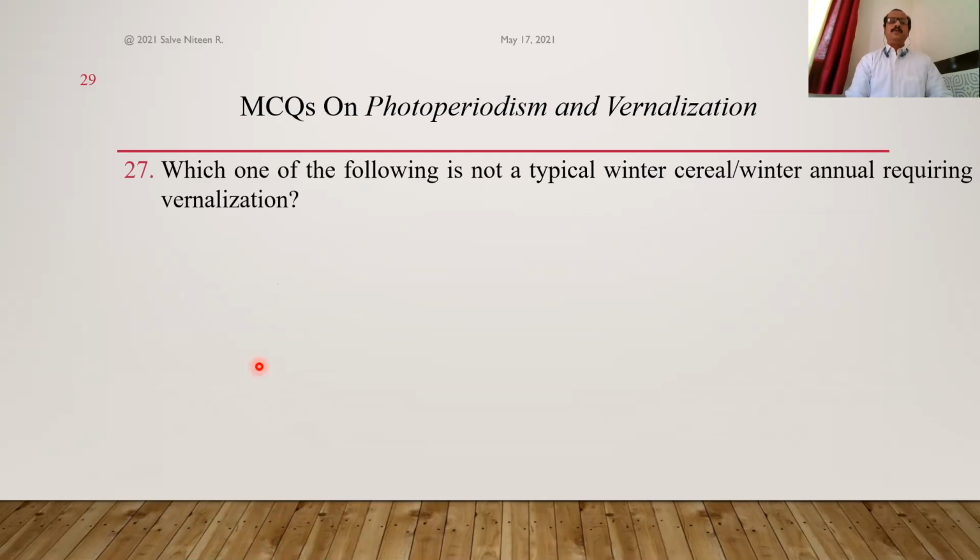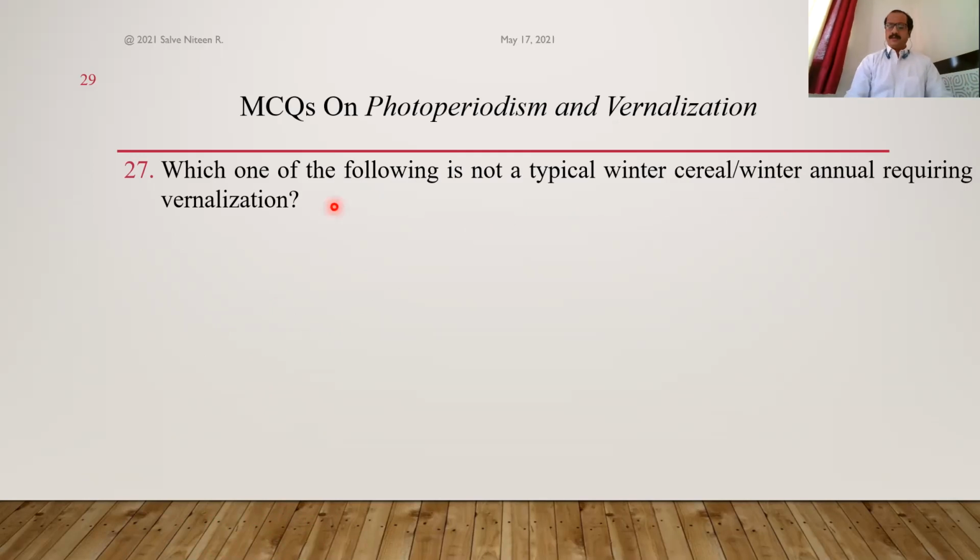Which one of the following is not a typical winter cereal or winter annual? You have studied in case of vernalization, there are some cereals which have two varieties, spring varieties and winter varieties. In those plants, scientists have tried to convert winter varieties into spring varieties by vernalization, so that a very cold winter, severe winter, can be resisted.